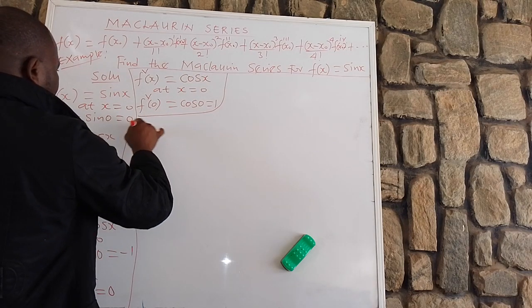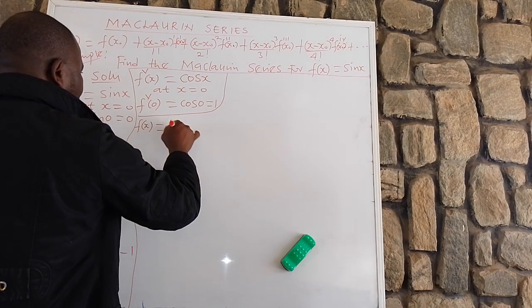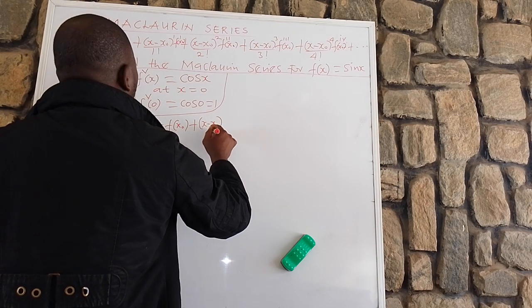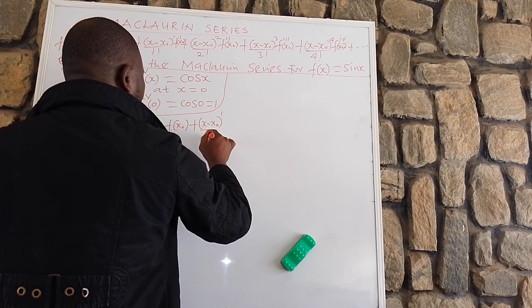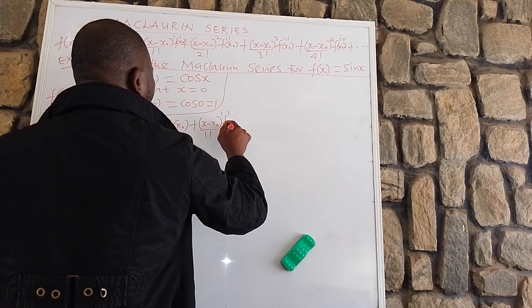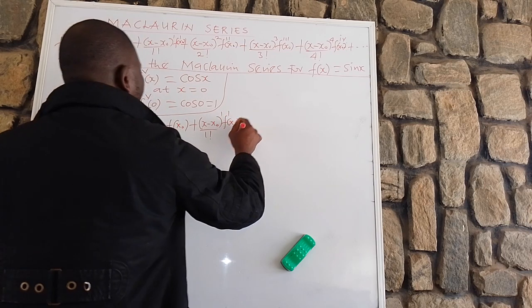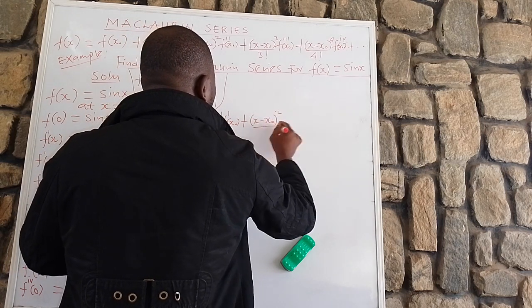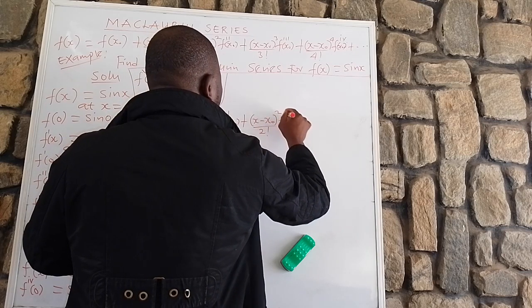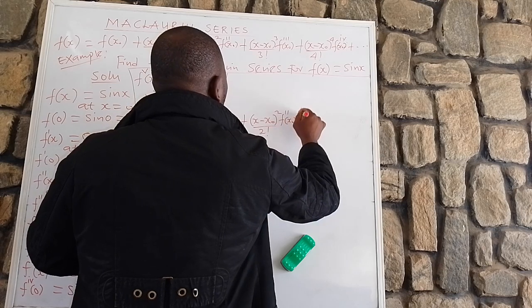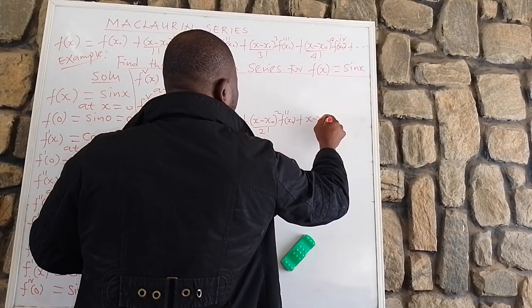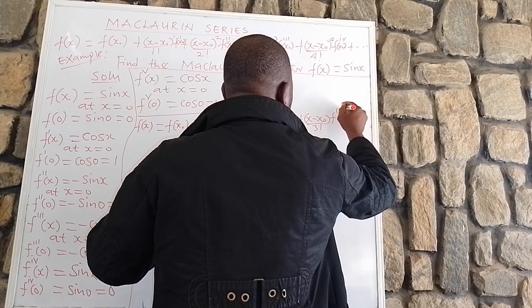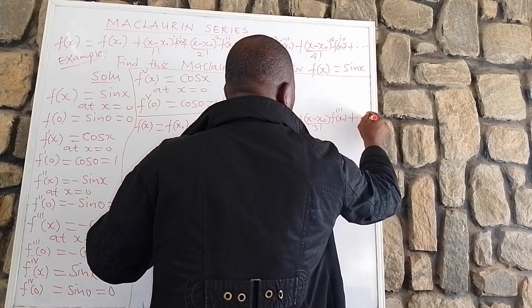So, if you can see what I am saying, we now recall the formula here. Our formula is f of x equals f of x naught plus (x minus x naught) raised to power 1 all over 1 factorial f prime of x naught plus (x minus x naught) raised to power 2 all over 2 factorial f double prime of x naught plus (x minus x naught) cubed all over 3 factorial f triple prime of x naught plus it continues.